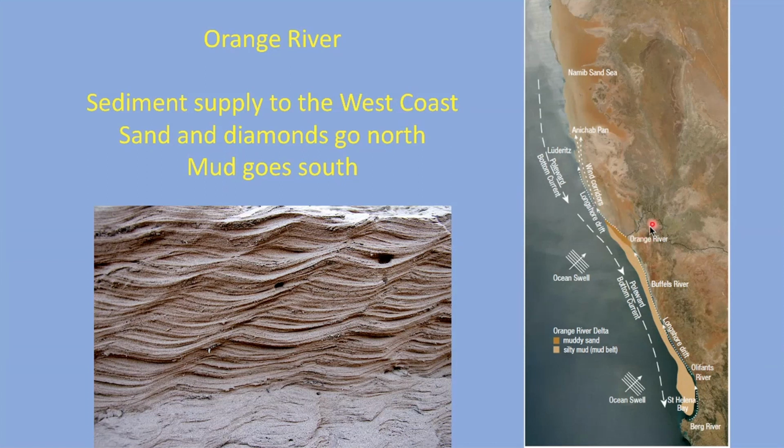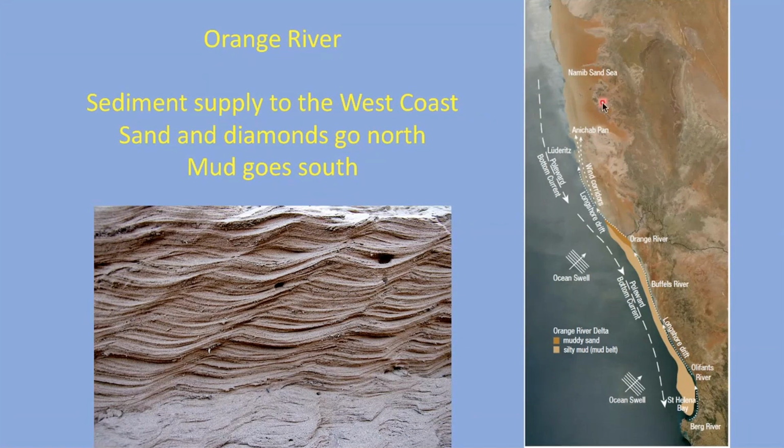So when the Orange River puts out its sand and gravel, that moves north by longshore drift along the coast. The wind then can take the sand off the beaches, and it can blow it in these wind corridors. And basically that's what feeds this Namib sand sea to the north.